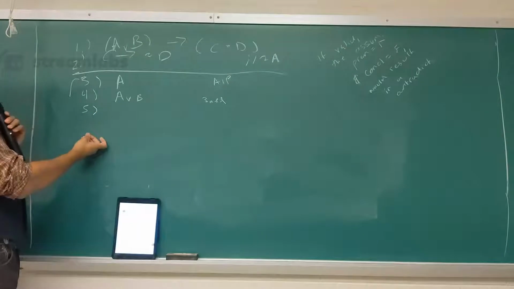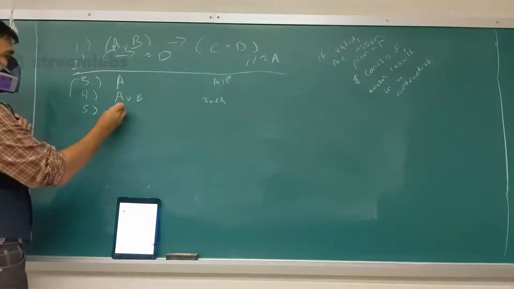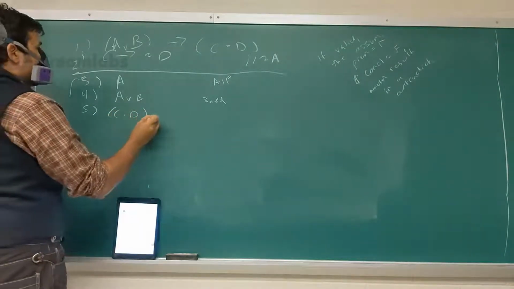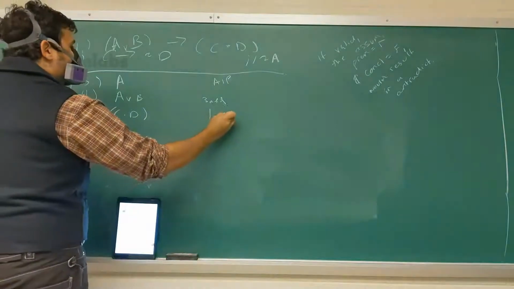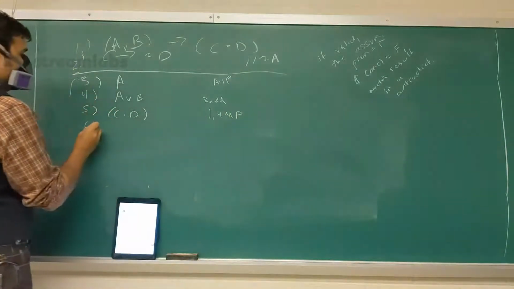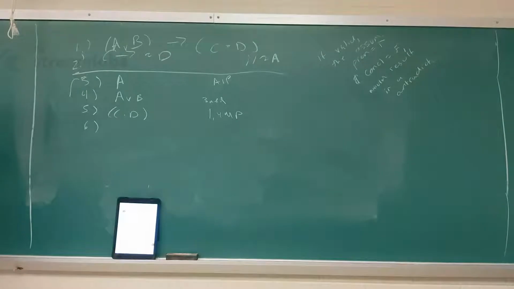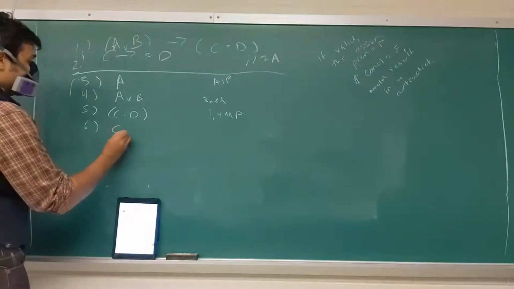What's that one right there? C and D. 1, 4 modus ponens. What's that allow me to do? You can get C. You can get C, yeah.